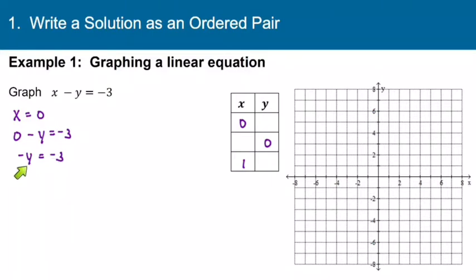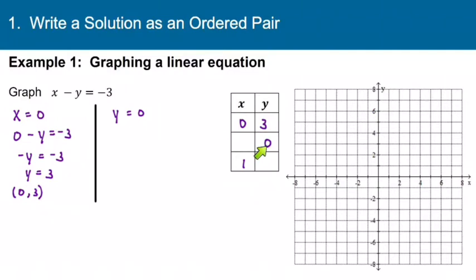Multiply both sides by negative 1, and we know that y will equal positive 3. You know, that just makes sense. If negative y is negative 3, then positive y would have to be positive 3. So now this gives us the point (0, 3), because our x value is 0 and our y is 3. And I'm just going to go ahead and put a 3 here as well.